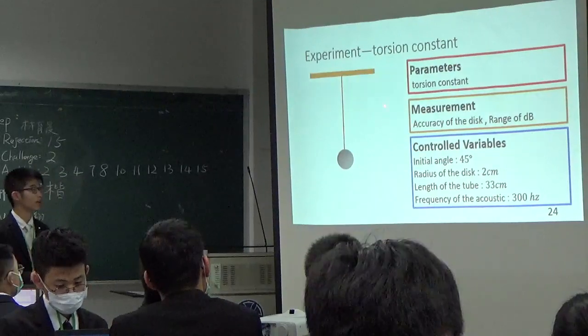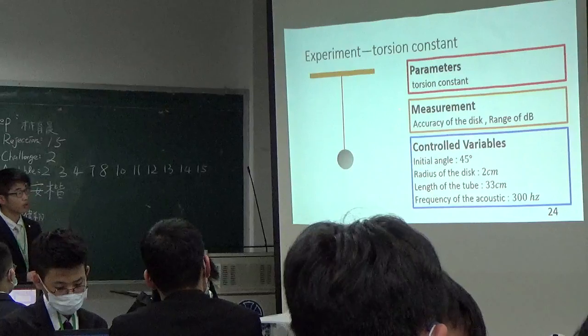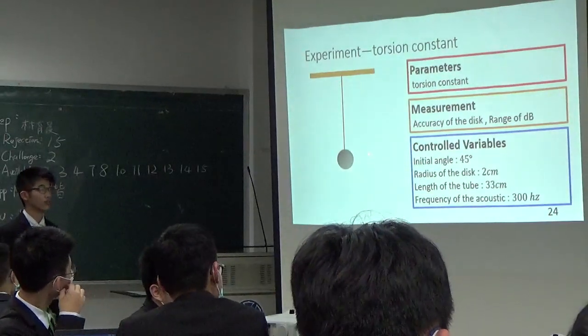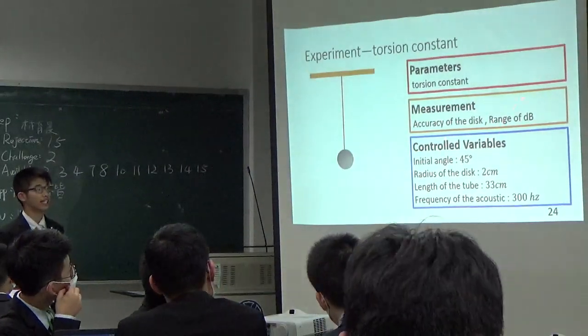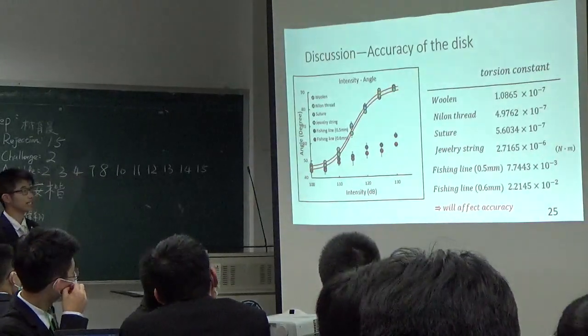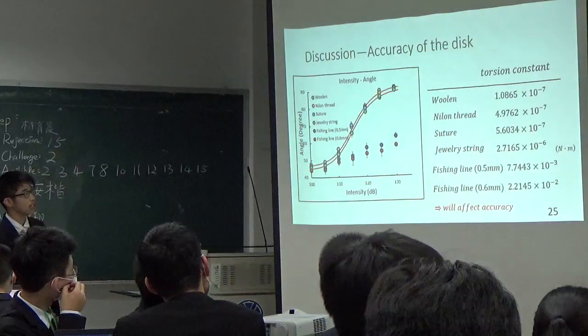And the next experiment is about the torsion constant. We change the thin thread to change its torsion constant, and we measure the accuracy of the disc and its sensing range. As you can see in this graph, this is the torsion constant.